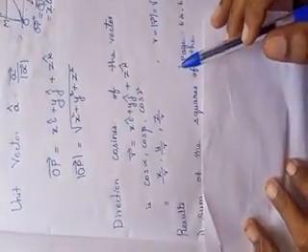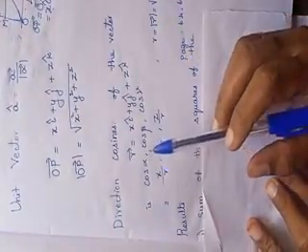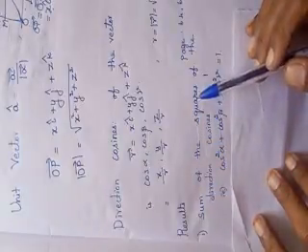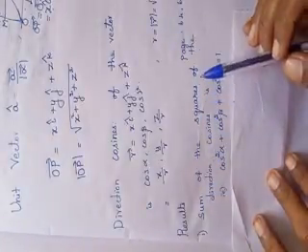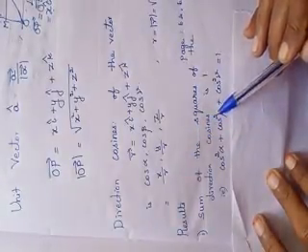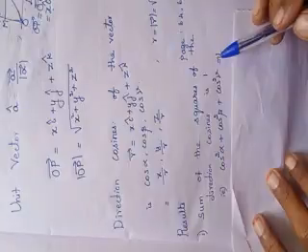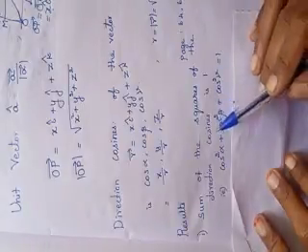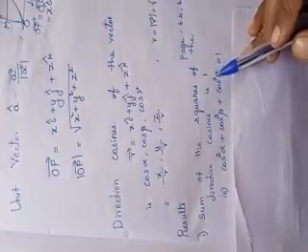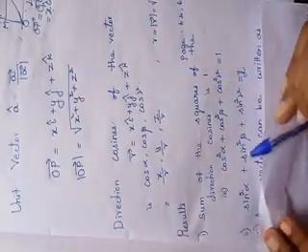Now some results using this. The first one is that the sum of the squares of the direction cosines is 1, that is cos square alpha plus cos square beta plus cos square gamma is equal to 1. And the second one is sin square alpha.